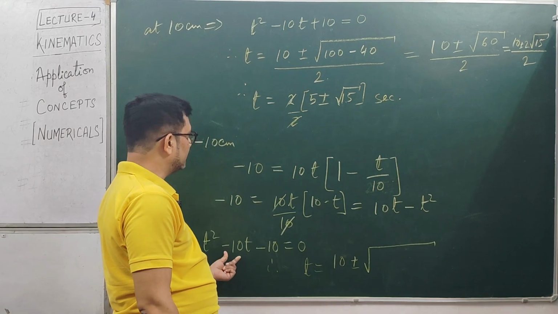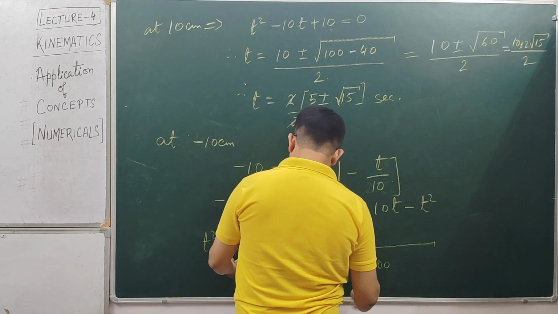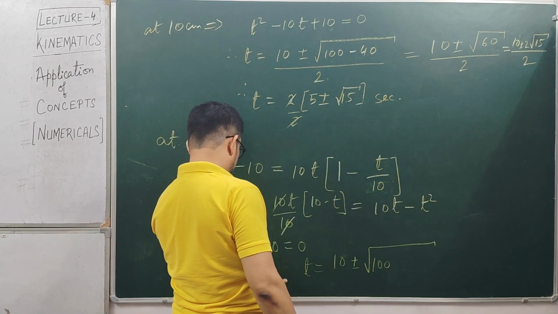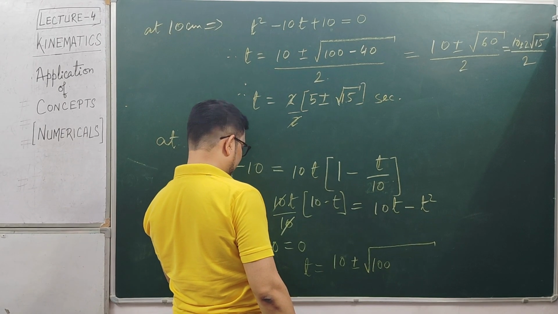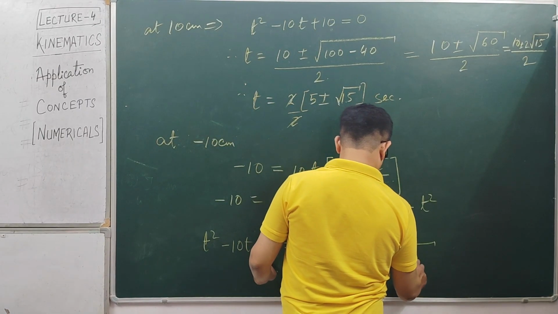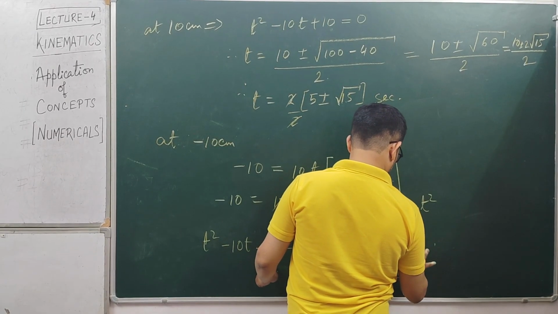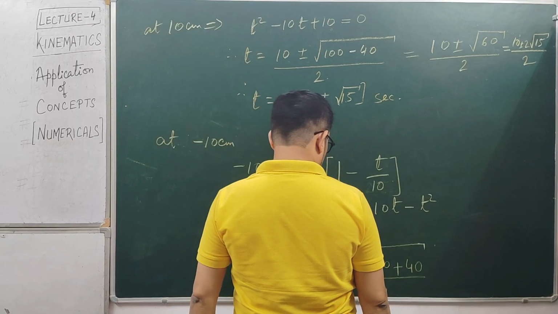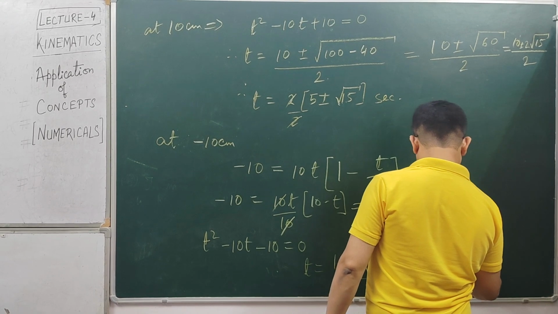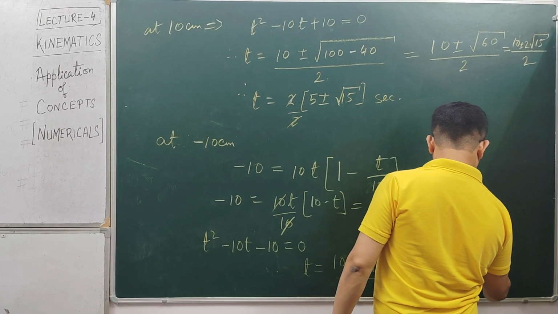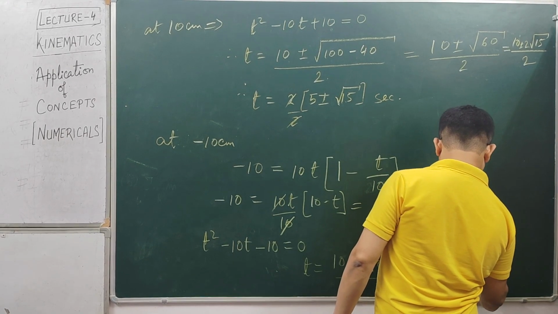This is going to be 100 minus 4ac, that is 40, but it is minus and minus, which becomes plus, so this would be plus 40, divided by 2. So this comes out to be 140. So t is 10 plus minus root 140 divided by 2.